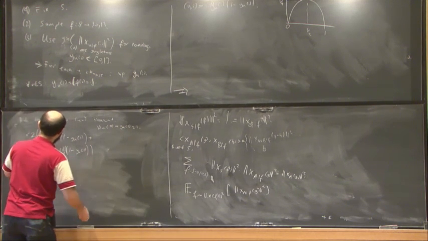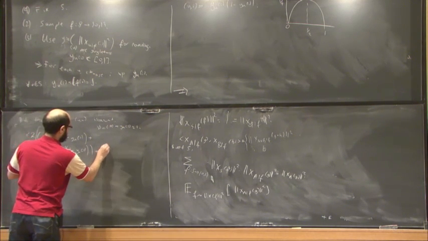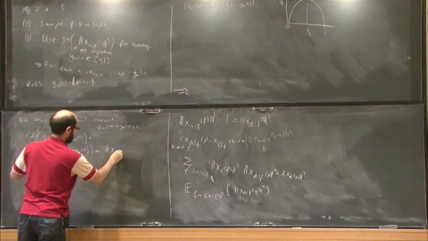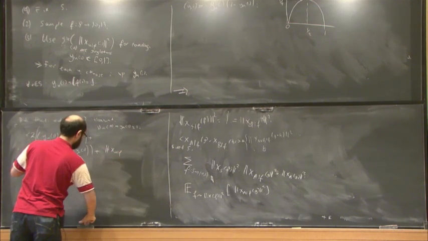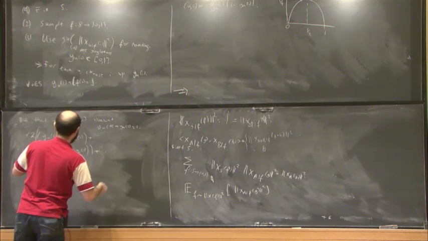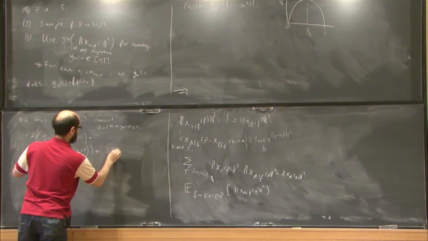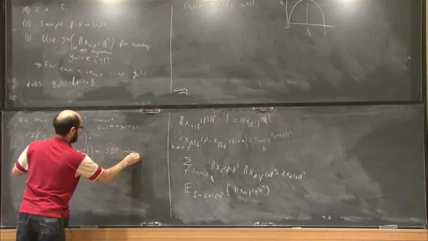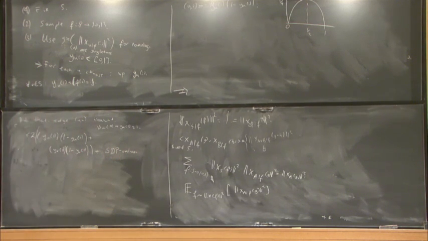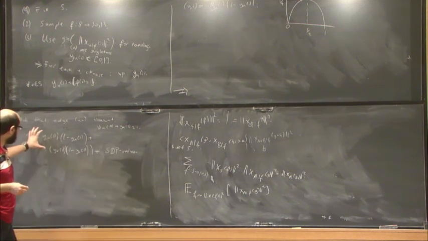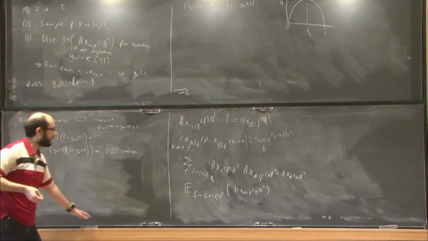Just one more thing. So basically the probability that an edge will be uncut is the SDP value plus 2 times the variance.